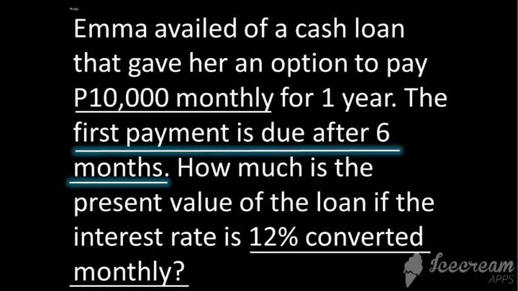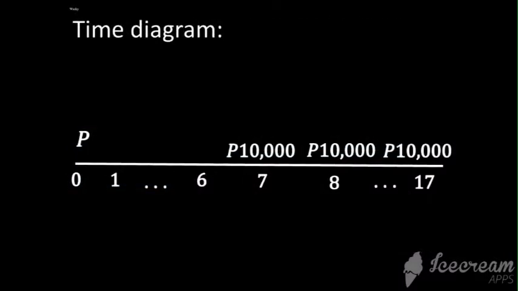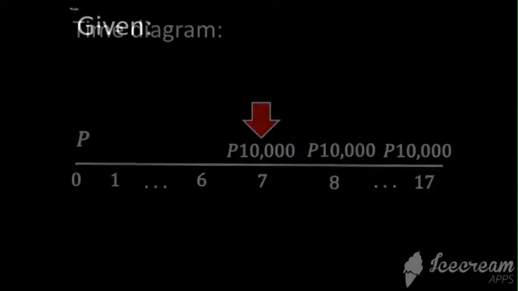So this is a deferred simple annuity. In our time diagram, we can see that the first payment will start on the 7th month. So therefore, there are 6 skip payments. So K is equal to 6.